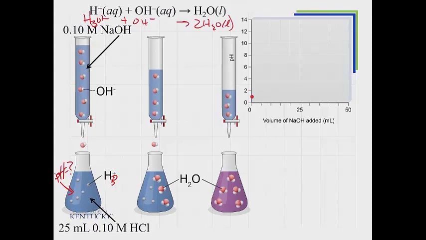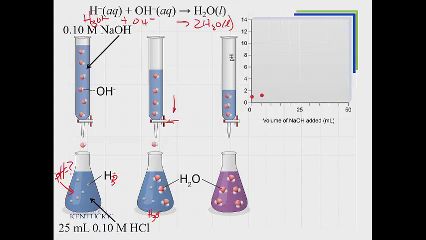Now we start adding some. We open up this stopcock here and we start adding some sodium hydroxide. Now we haven't added enough to react with all the acid, but we have added some. So I add a little bit, what's happening inside of the flask? Well, the amount of H3O plus in the flask is going down.